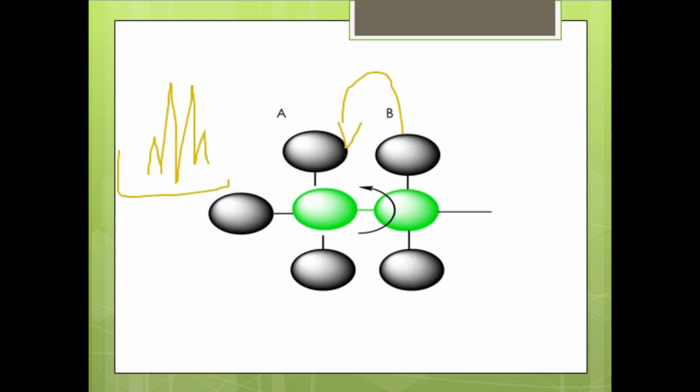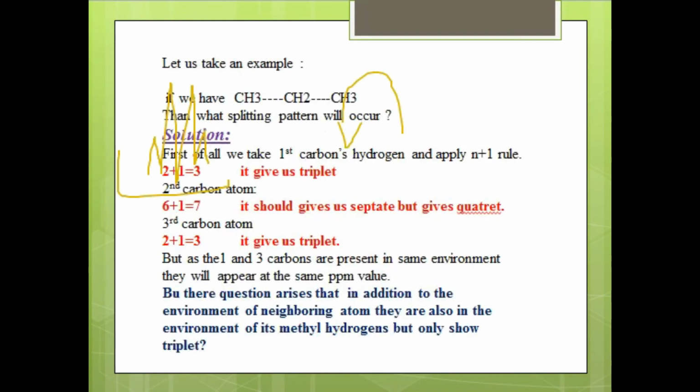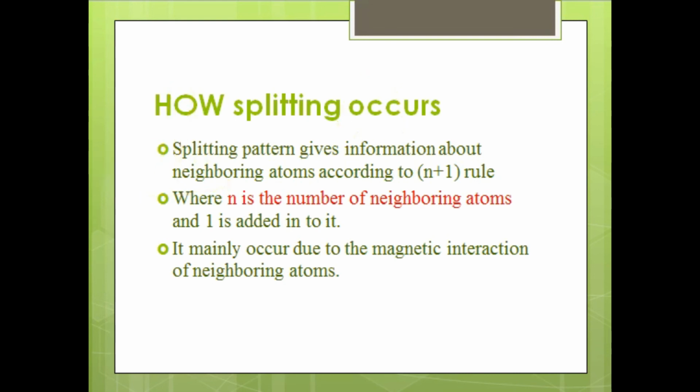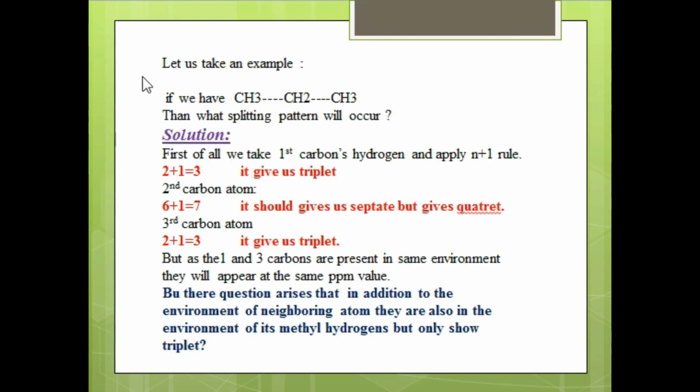Now let's move to our first slide where we are considering it. Here we have taken the example of propane. This methyl gives us the triplet and this methyl should also give us a triplet, but it did not give us a triplet because of the similar environment. I hope you have understood it very well from the previous session.